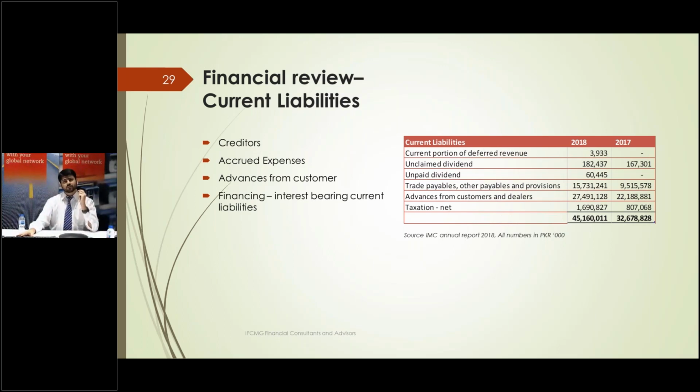For example, a company can have a provision for warranties, and based on some grounds, the company makes a provision of, say, 2% of revenue or 1% of revenue. But again, we need to investigate the basis. Is the basis of the provision realistic or unrealistic? What is the method behind that?